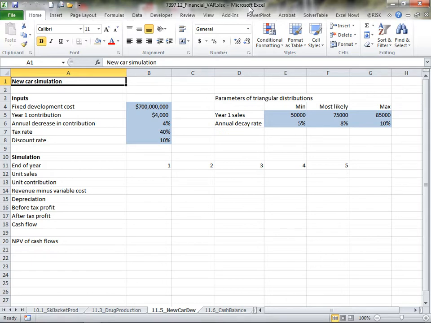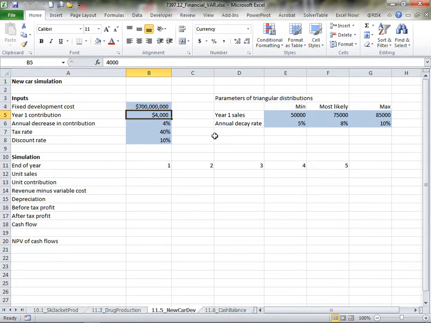And the basic idea here is as follows. You've got a project here that is going to cost a lot of money. It says fixed development cost of, if I'm reading that correctly, $700 million. And rather than trying to estimate revenues, basically we're looking at contribution.